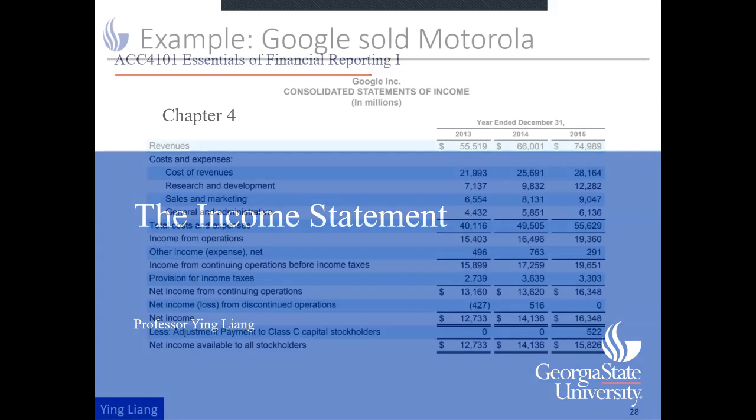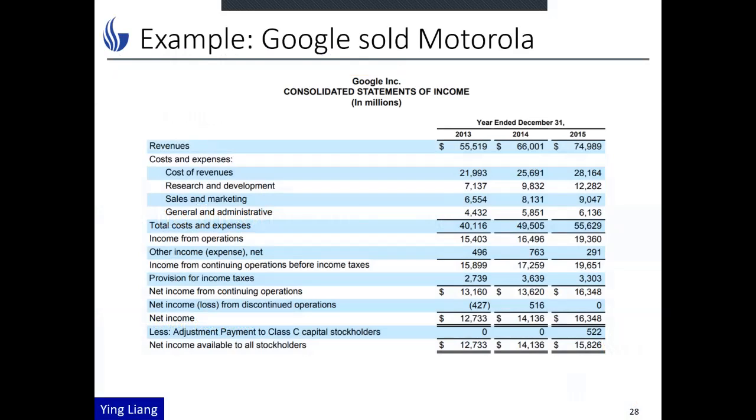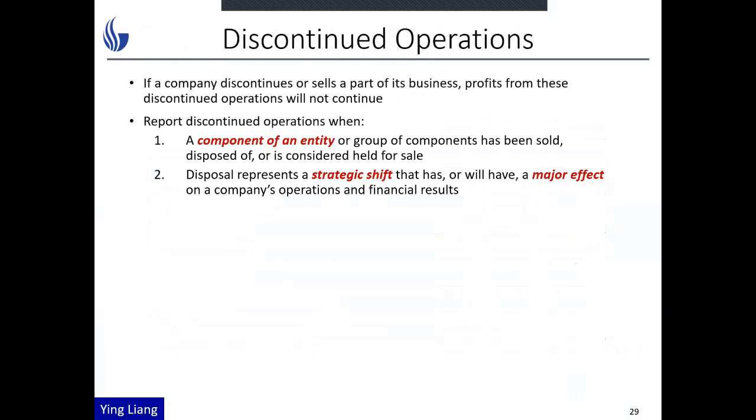Now, going back to the Google example, when Google sold Motorola Home in 2013 and the mobile business in 2014, remember we put something right underneath everything that we are very familiar with, called net income or losses from discontinued operations. Now, we're going to formally define what discontinued operations are.